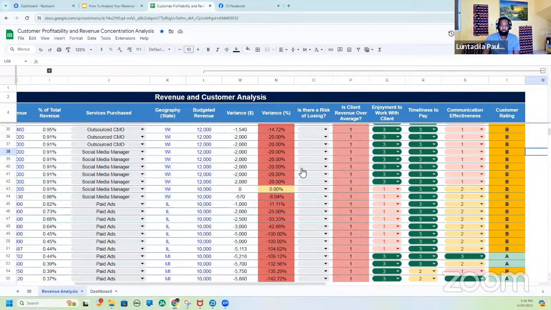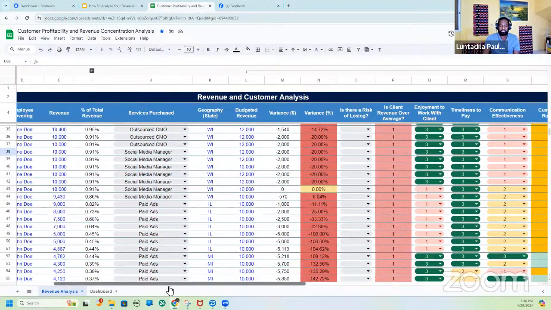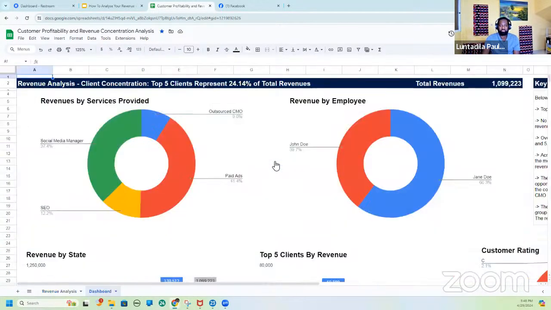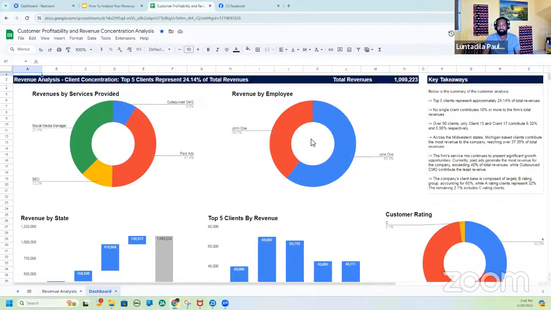Okay. So once we have done this analysis, we have a dashboard here that provides to us some of the key KPIs around our customer base. For example, we can see here our revenue by service provided. We're using an example of a marketing agency.